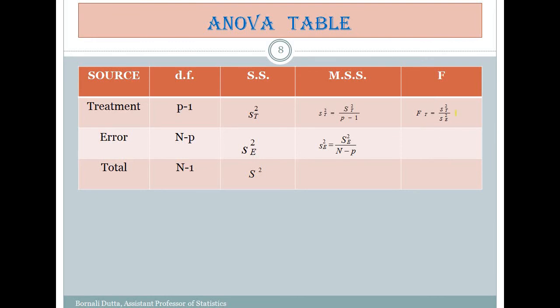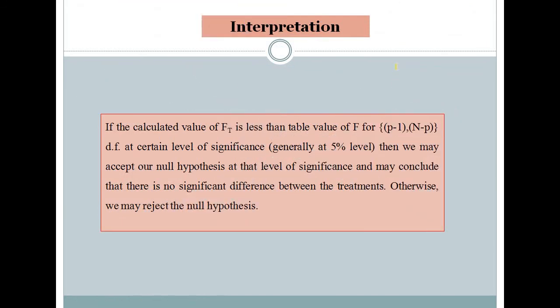Now the conclusion from this ANOVA table is that if the calculated value of F is less than the table value of F for p minus 1, n minus p degrees of freedom at a certain level of significance, you may take 5% or 1%, then we may accept our null hypothesis at that particular level of significance and may conclude that there is no significant difference between the treatments. Otherwise, we may reject the null hypothesis and conclusions are drawn accordingly.